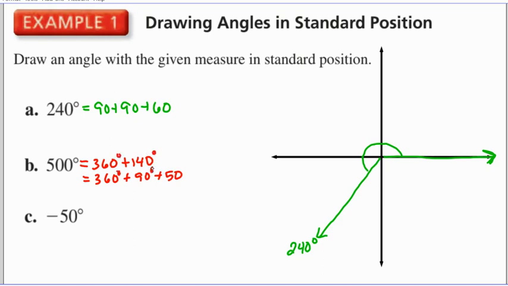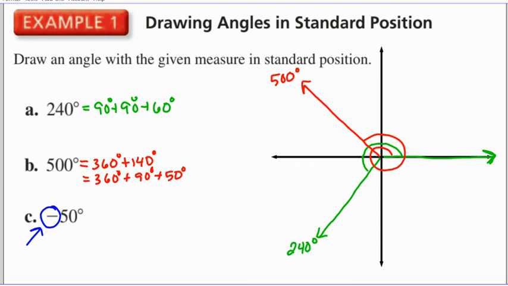I should be putting degrees on all of these, actually. Practice what I preach, right? So 360 all the way around plus 90 degrees plus another 50 degrees. So we go all the way around plus 90 degrees plus a little bit more than half for another 50 degrees, and this is going to be a 500-degree angle.